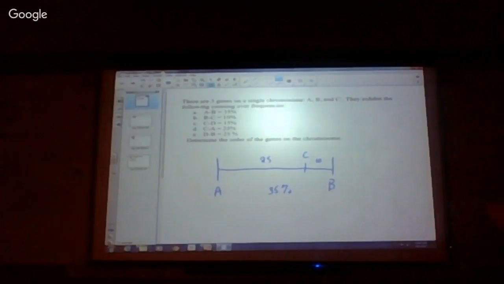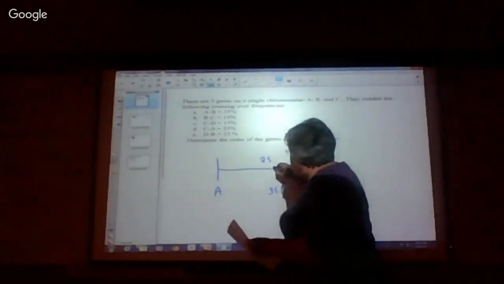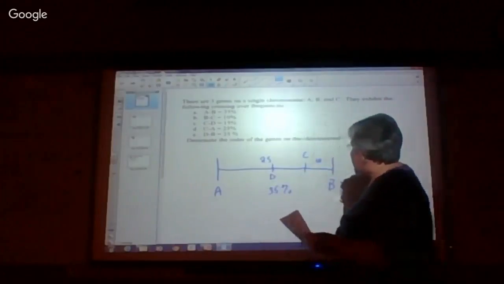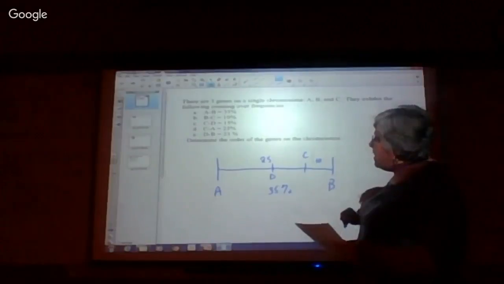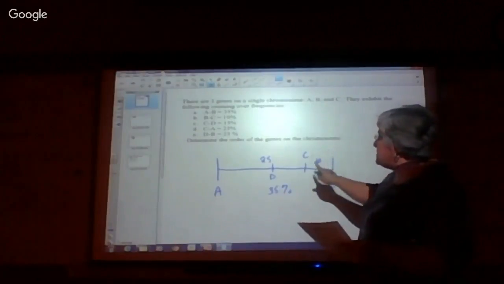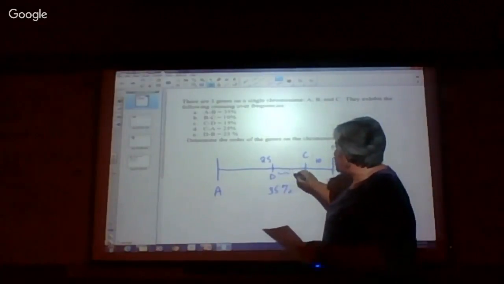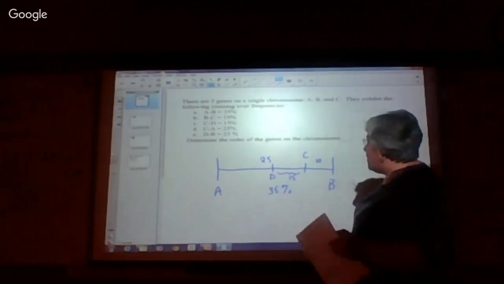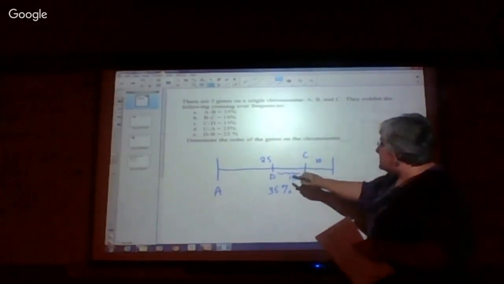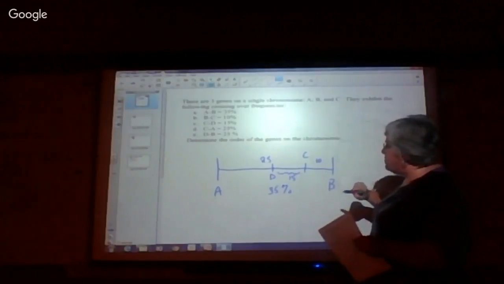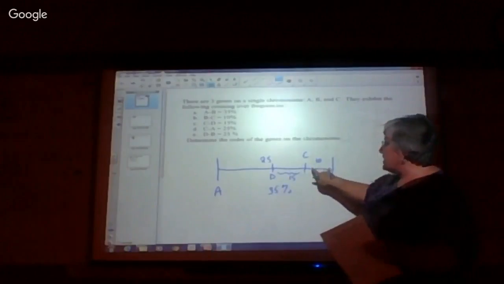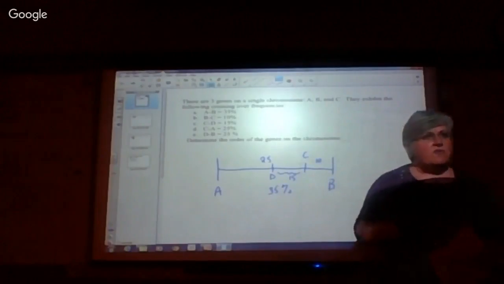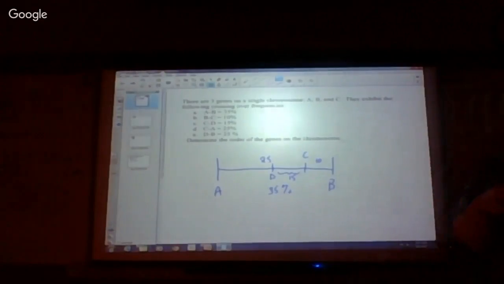Between A and C. Okay, so we're going to put D right here between A and C. All right, and so between C and D is 15 map units, right? And then between D and B is 10 map units or 25 map units. And that makes sense because we have 15 map units here and 10 here, and that equals 25. Okay, does everybody follow that? So everything should add up.